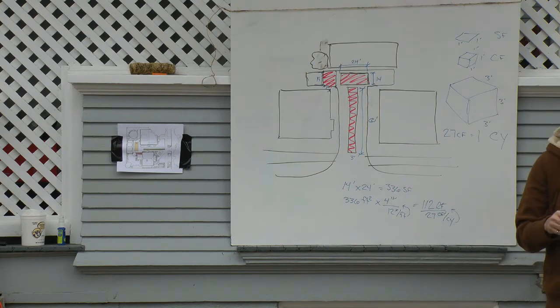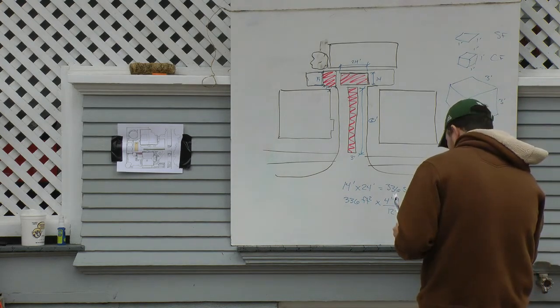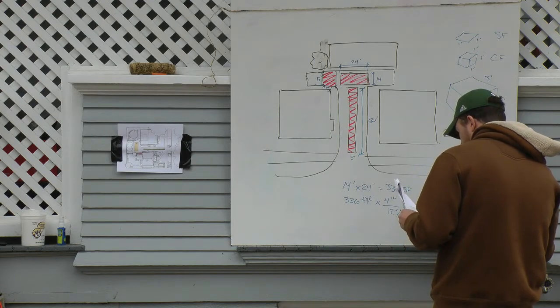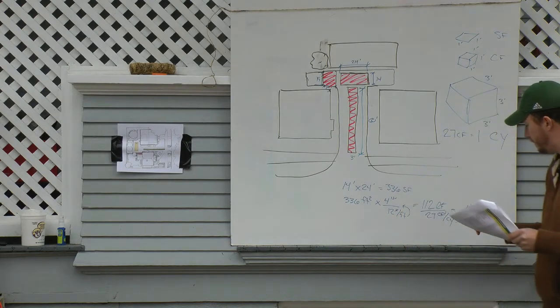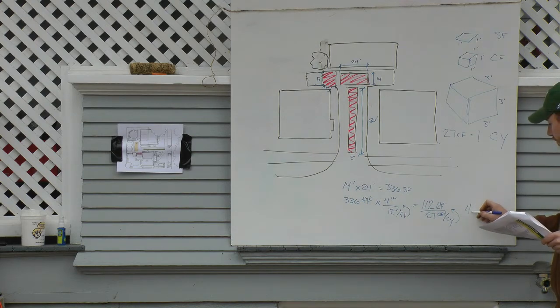Let's see, 54 times 2, it's 108. So it was a little bit over 4. It was 4.1 something or other cubic yards.